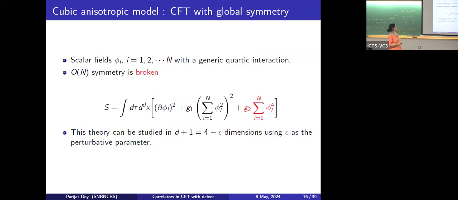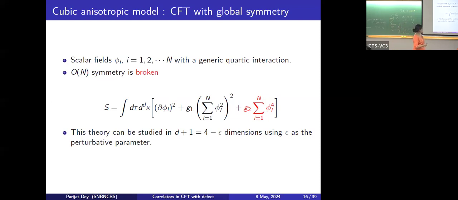So this is the field theory model that can describe this phase transition. We have a scalar field theory, and this is the order parameter with n components, so phi I runs from 1 to n, and we have a generic quartic bulk interaction. In this model, the O(N) symmetry, which is the symmetry that we have when we have rotational invariance in the O(N) fields, is broken.